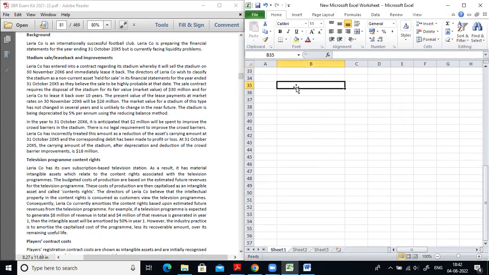So the carrying amount of the asset. Here they gave the carrying amount of the asset as 18 million.